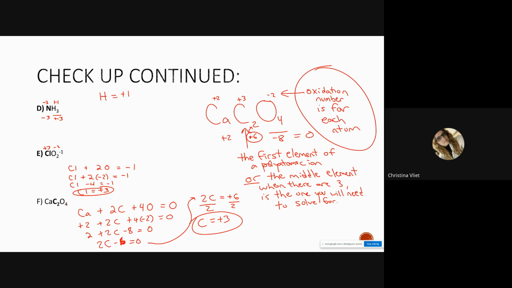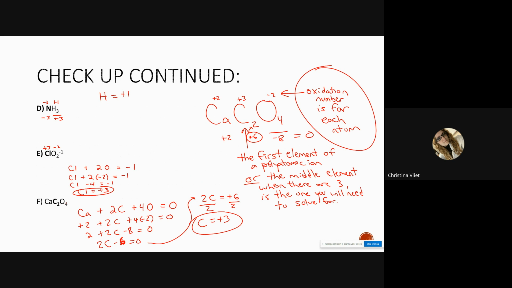A very common mistake that students make, in a compound like this, when they ask for the oxidation number of oxygen, is to write negative 8. The oxidation number for oxygen is never negative 8 because oxygen cannot gain 8 electrons.